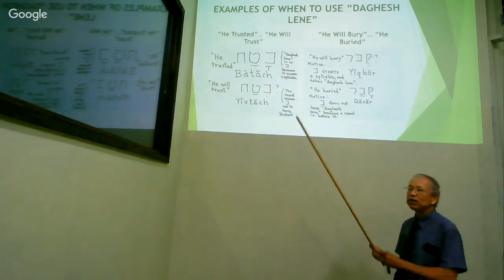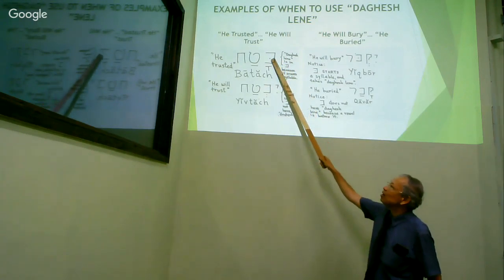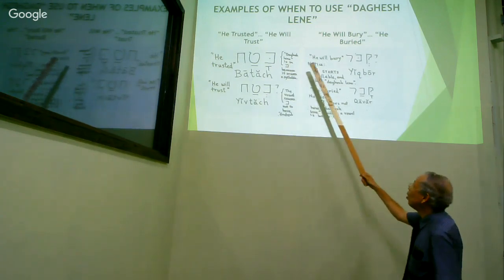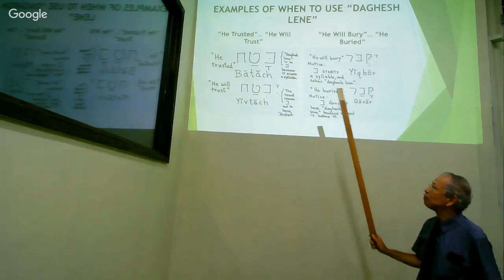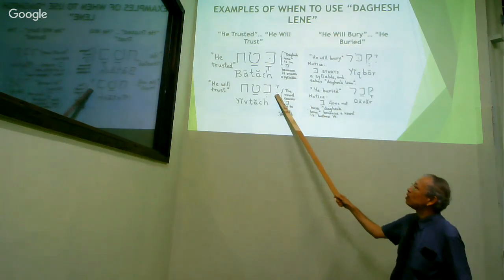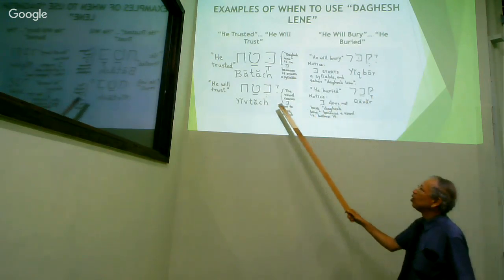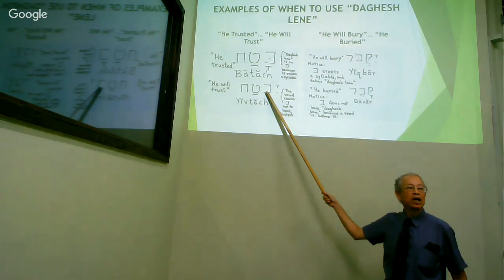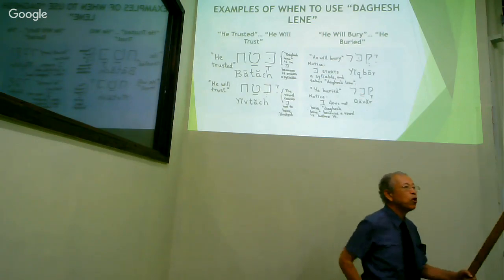So you will have Daghesh Lene when the consonant starts a syllable, either in the beginning of a word or in the middle of a word. But if there is a vowel before the consonant that would ordinarily take a Daghesh Lene in it, the Daghesh Lene is not going to stay, but it's going to run away.